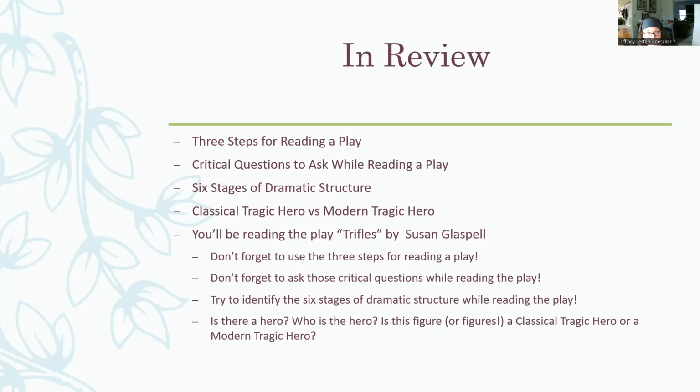Is there an antagonist? Is it a person or the environment or a social force? And if we do have a protagonist, if we have a hero, is it a classical tragic hero or a modern tragic hero? You're not necessarily going to find all of these things in this one particular play. It's not like every single play has to have every single one of these components, but see if it does. See if you can answer those questions.